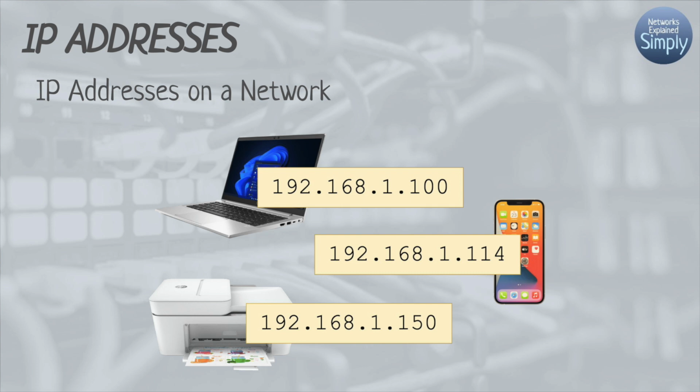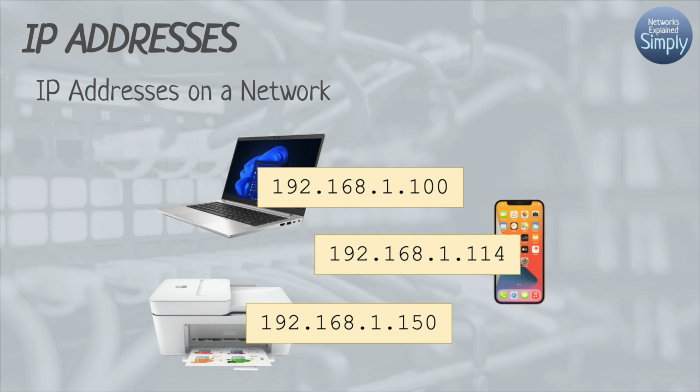If you take a look at the IP addresses of multiple devices on any network, you might notice that a portion of each device's IP address is identical to the other devices on the network. For example, you might have noticed that your laptop is using 192.168.1.100, while your smartphone uses 192.168.1.114, and your printer uses 192.168.1.150.